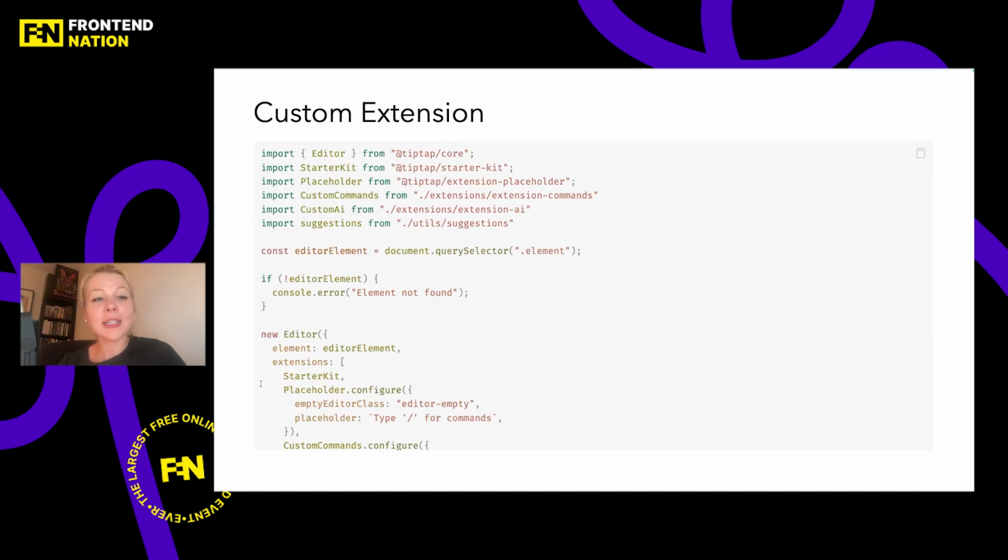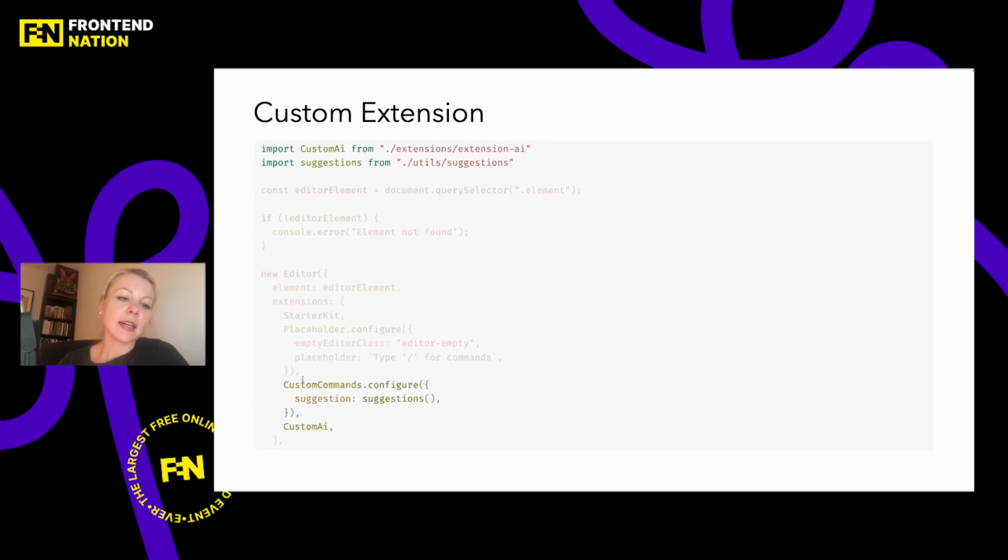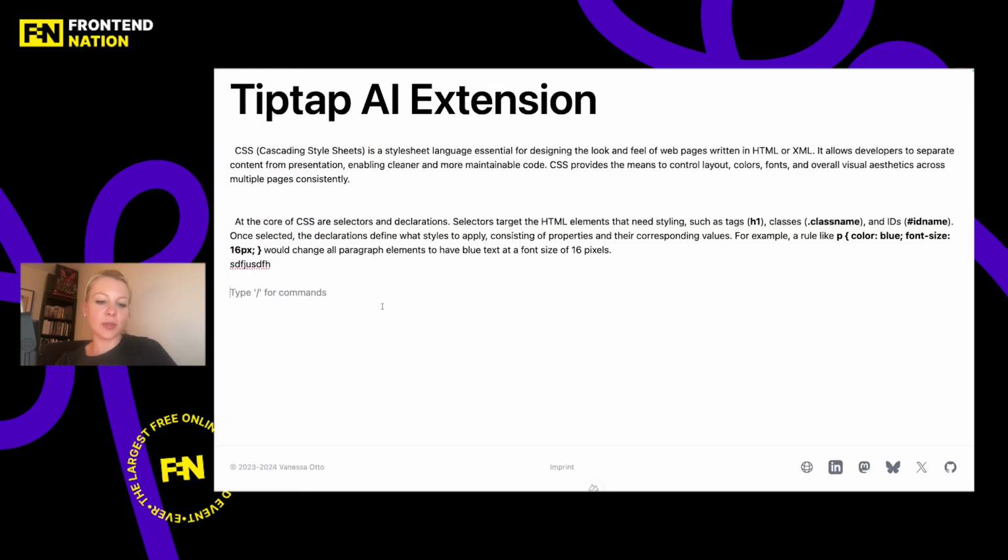And with that, we can also now install our own custom extension. So I am importing 3 different files, which are not coming from Tiptap anymore, but from our own code base, which are custom commands, custom AI, and suggestions. The custom commands and the suggestions are this menu that we are seeing here.